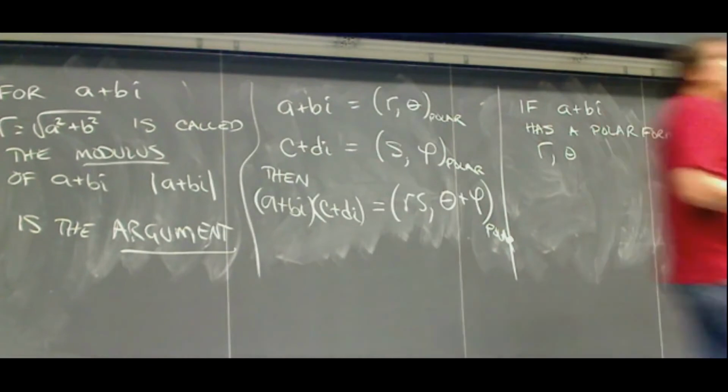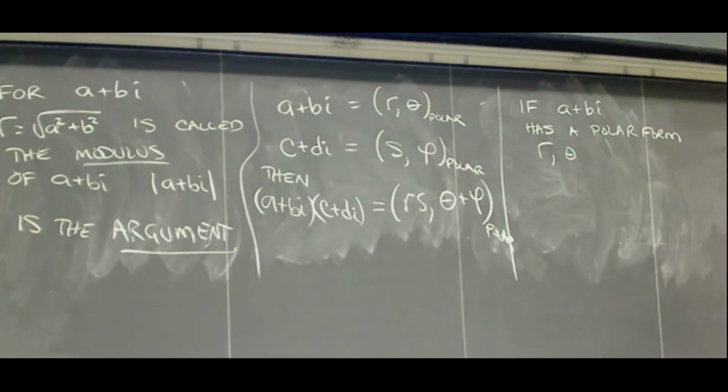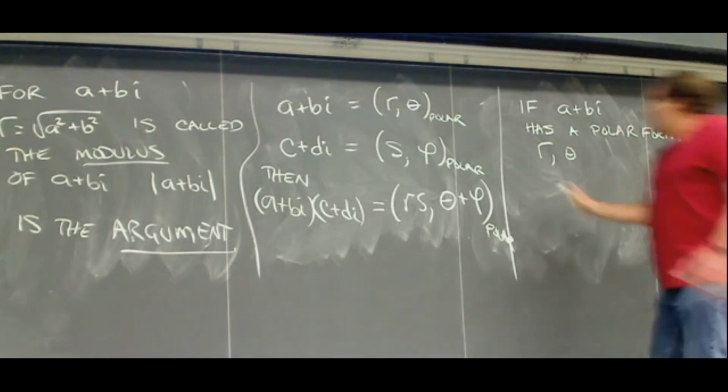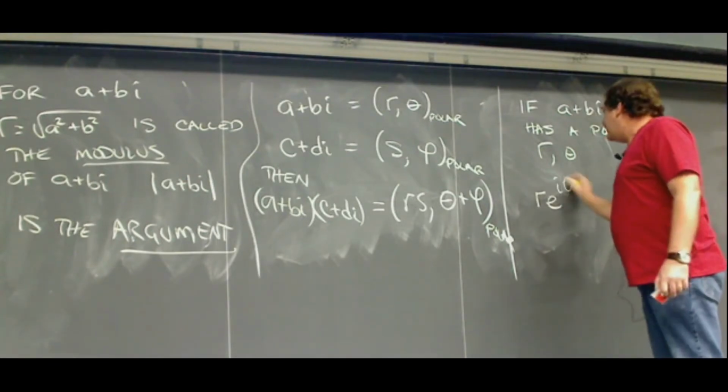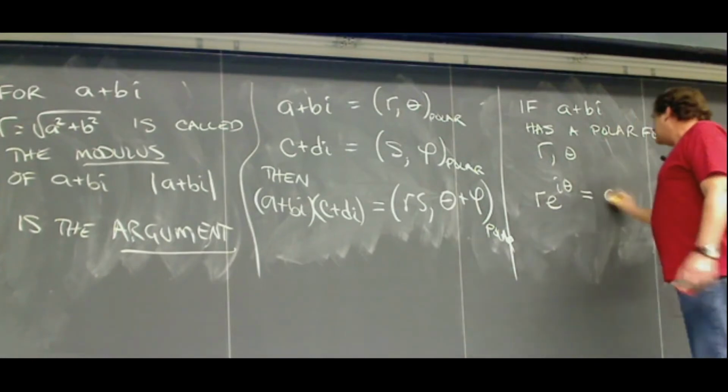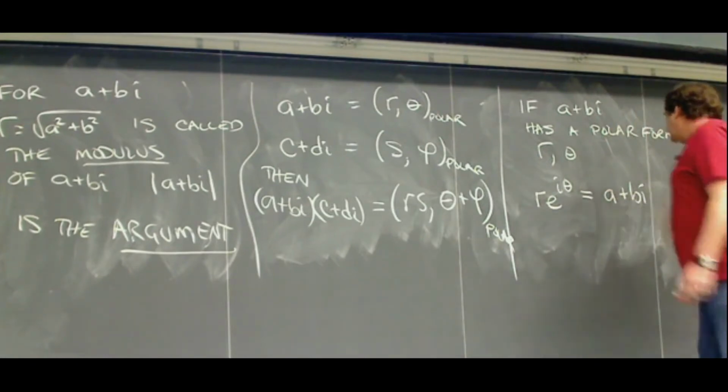This is actually a theorem. It's not just a thing that I'm writing down, but I have to just say it's a thing that I'm writing down. We write r e to the i theta equals a plus bi.